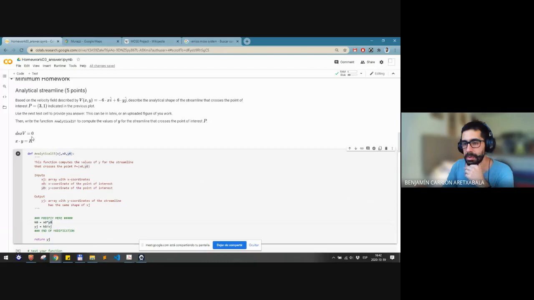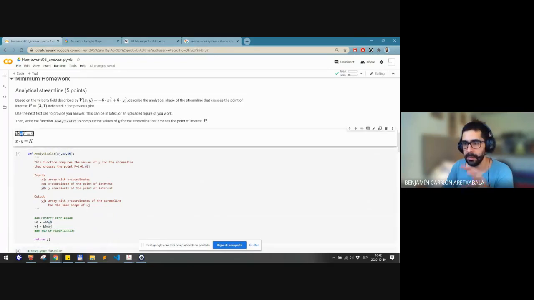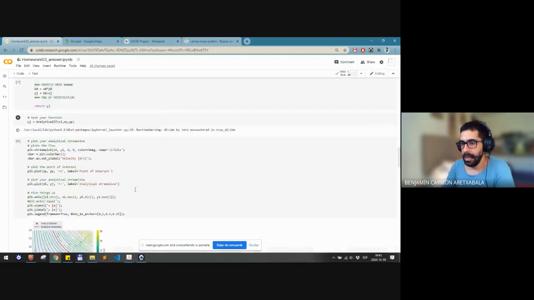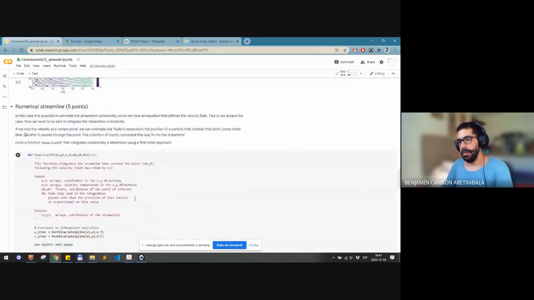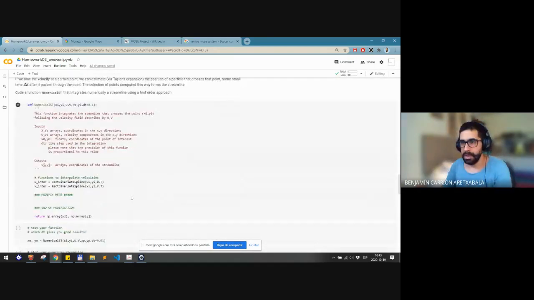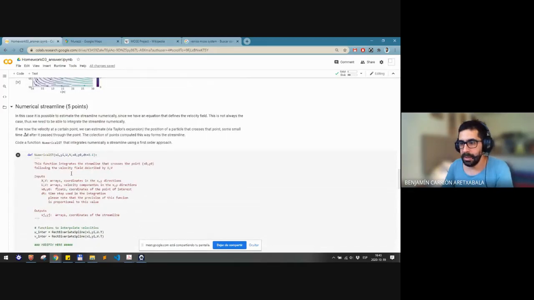But you need to know that the equation is that your ds has to be parallel to the velocity field. Okay, so there you got your 5 points, and then you were given the task to compute this numerically.